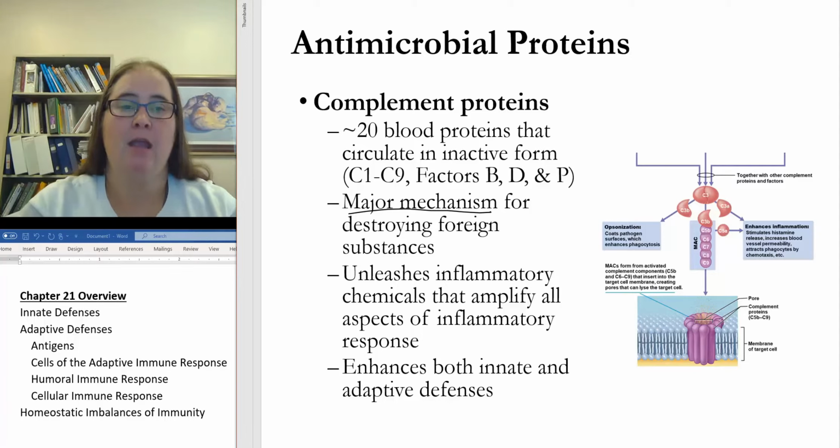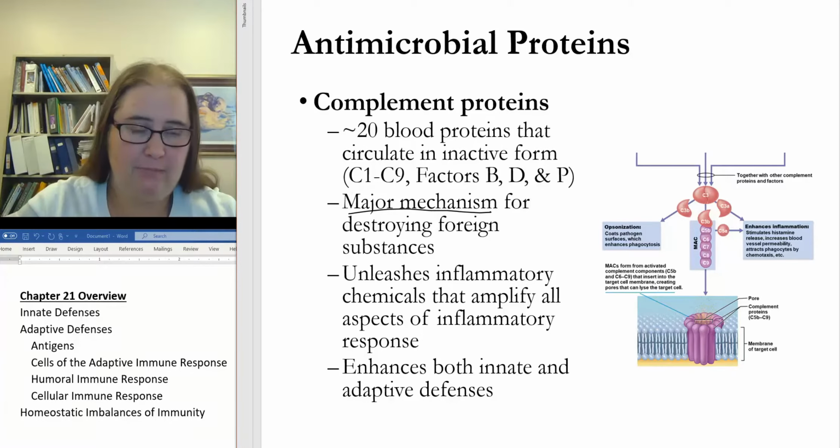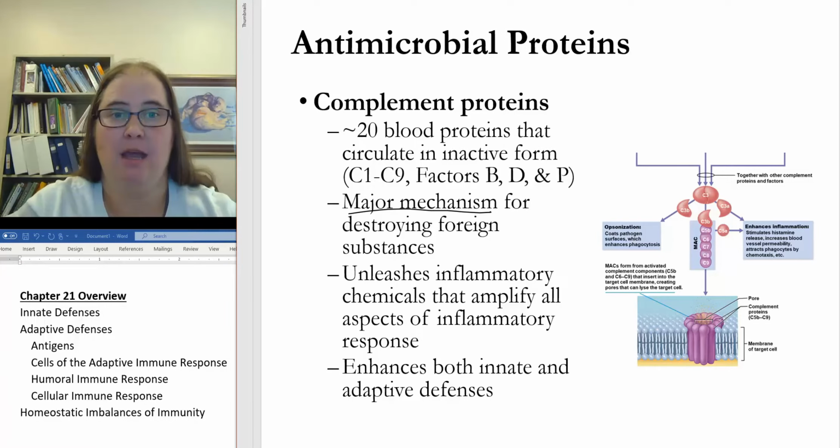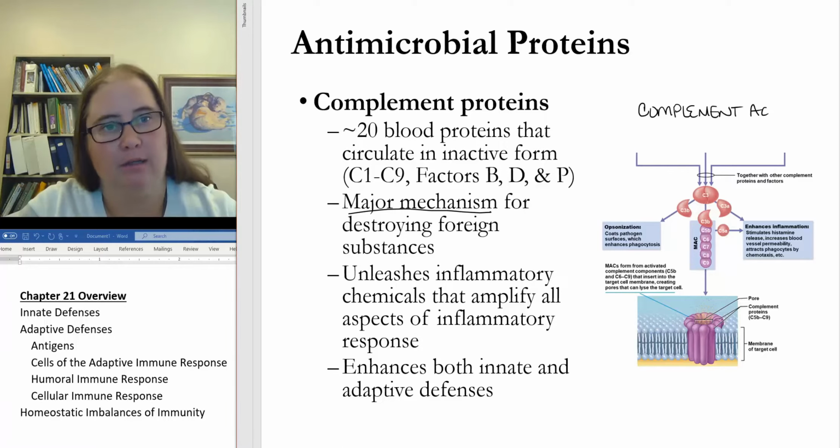And so what I do want you to know is the three consequences of complement activation. So we get complement activation.